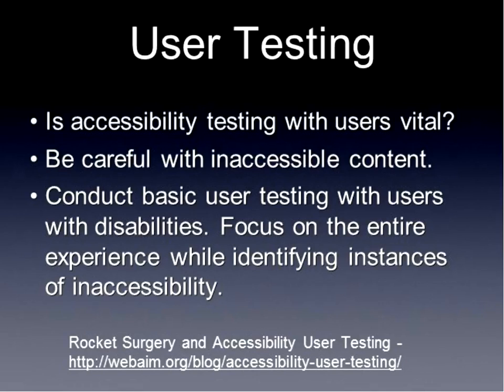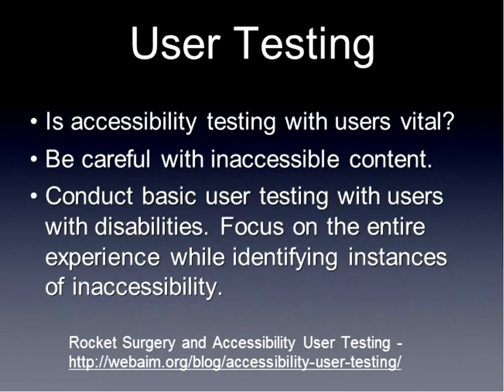If all that you do is accessibility testing with people with disabilities, first of all, don't do that until you've implemented good accessibility and you've evaluated it and fixed all of these other things we've already talked about. Don't waste someone's time by bringing them in to identify accessibility issues that you can identify using these other methodologies.